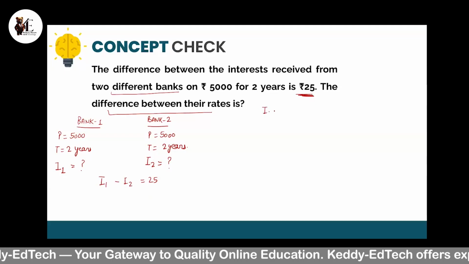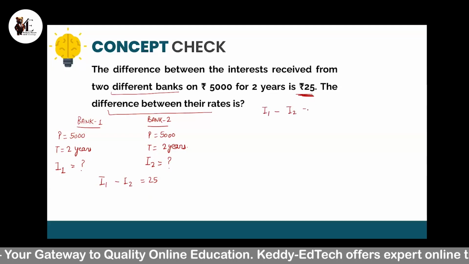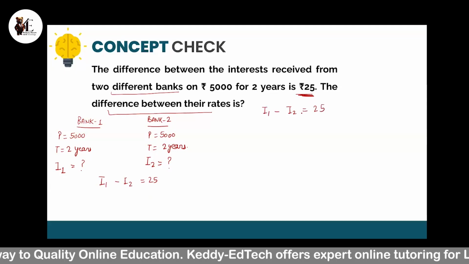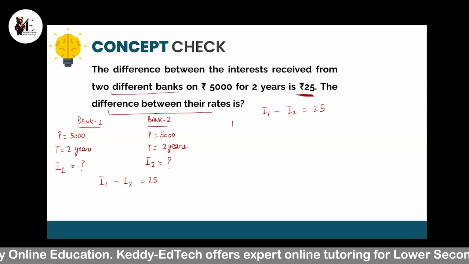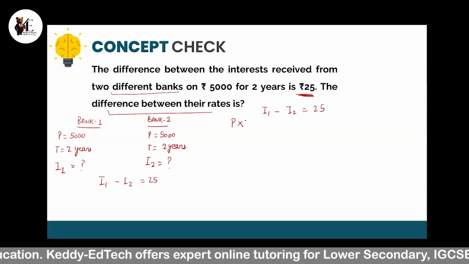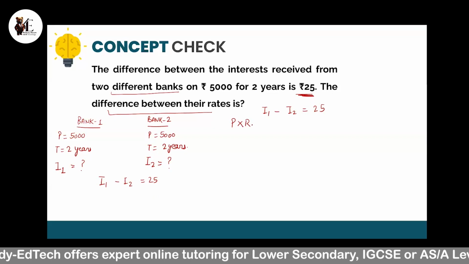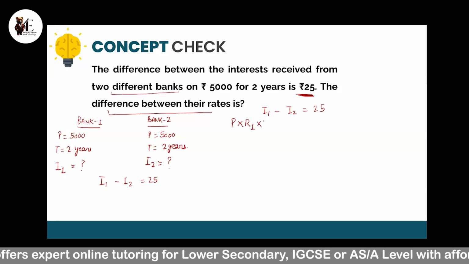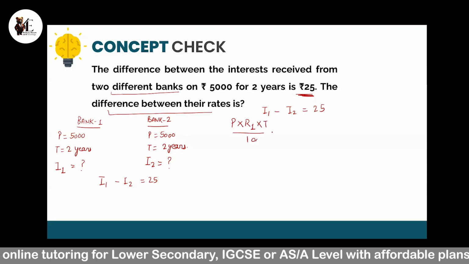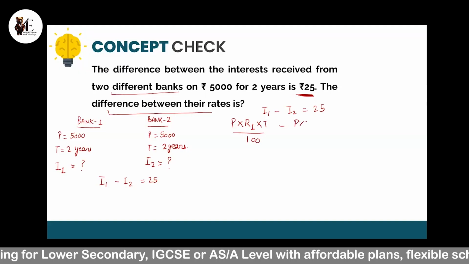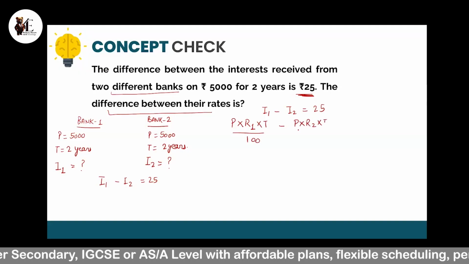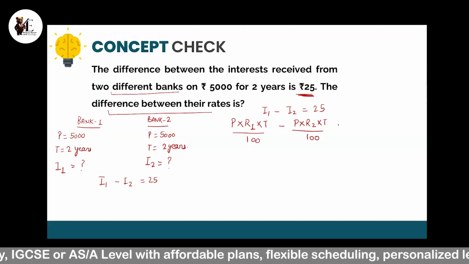Okay, so I'm writing that relation again. I1 minus I2 is 25. So the formula will be the same, principal multiplied by rate. Rates are different, so I will write rate as R1 T over 100 minus P into R2 into T over 100 is equal to 25.